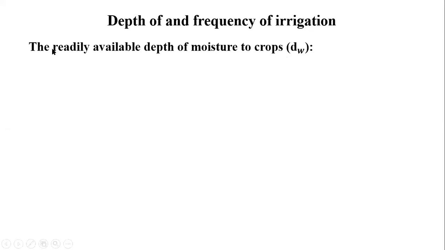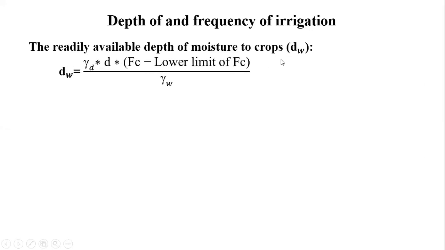Readily available moisture is nothing but the portion in between the available moisture content, between field capacity and the lower limit of field capacity. For readily available, it is 75% or 80% of the difference between field capacity and lower limit, isn't it?